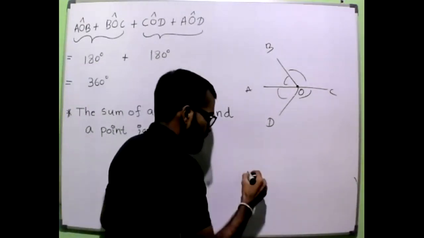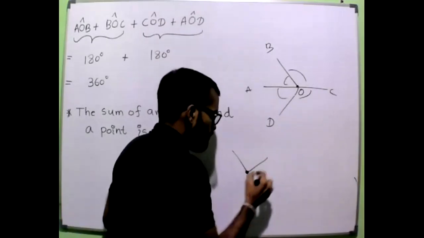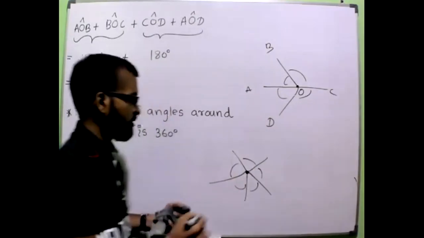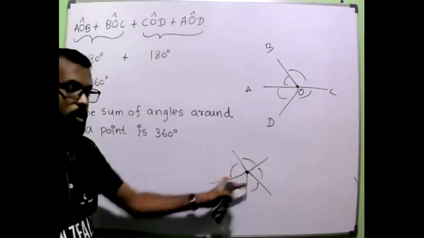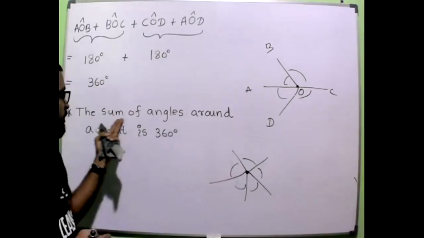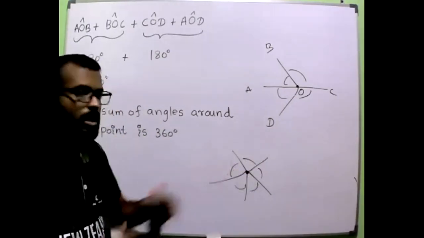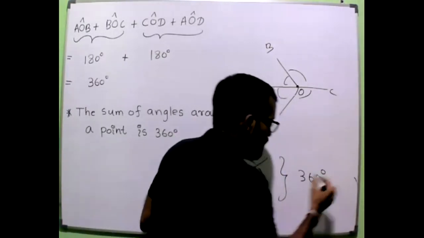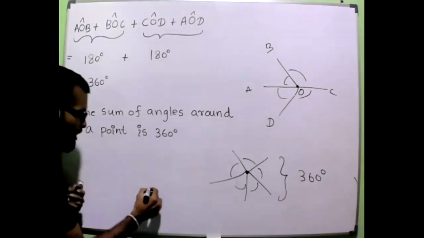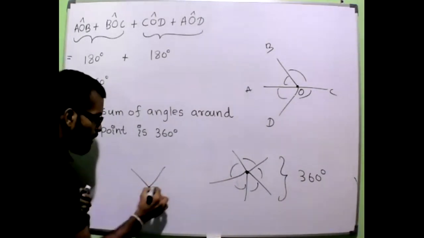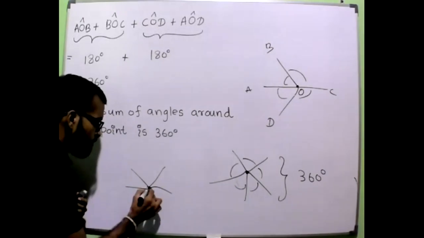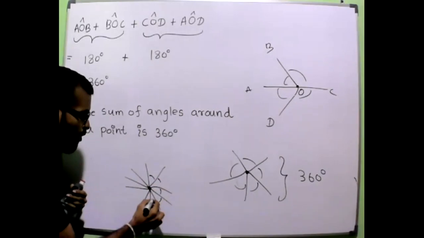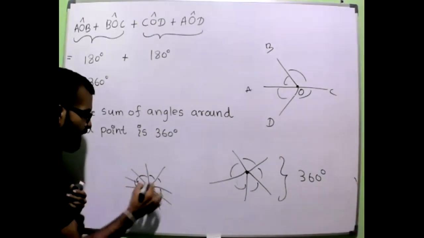So let's say this is my point and you have something like this. Here you have 5 angles. If you get the sum of these 5 angles, the total should be equal to 360 degrees. Now let's say this is your point and you have 1, 2, 3, 4, 5, 6, 7, 8, 9, 10 angles.